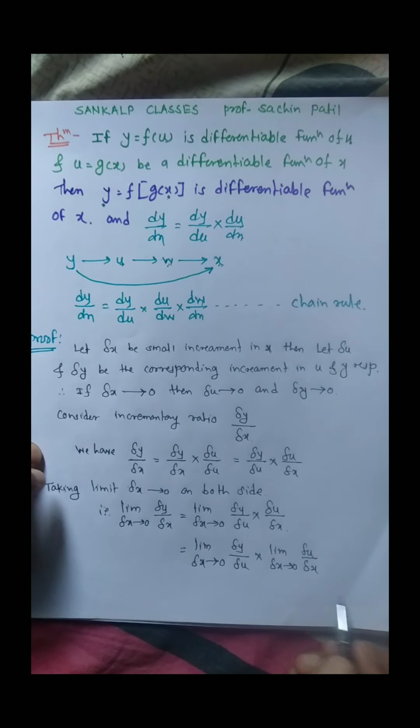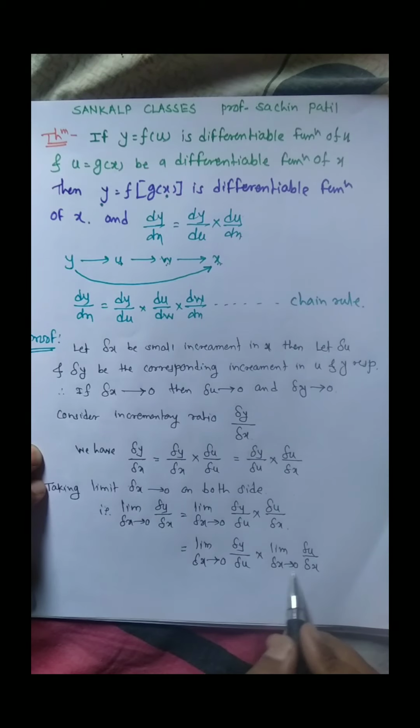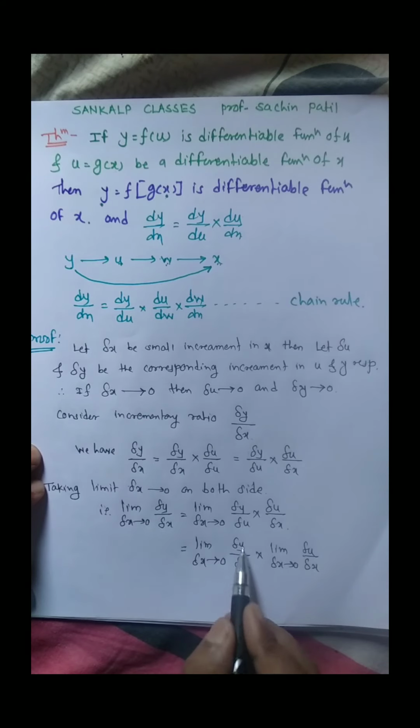Now here we think about delta x tends to 0, and therefore if we change the value of delta x, you will get the relative change in u. In this incremental ratio, a change in u causes the change in y, and here we take delta x tends to 0.